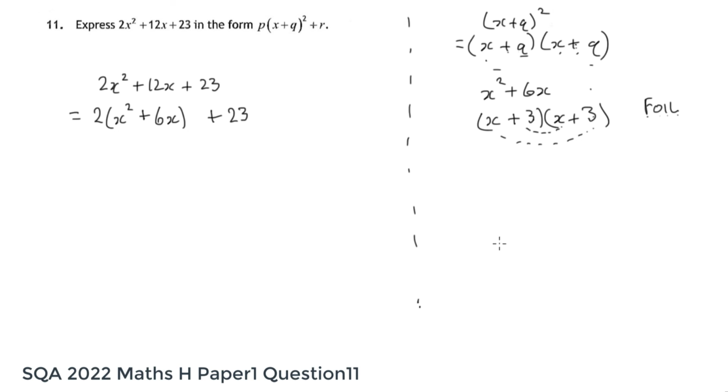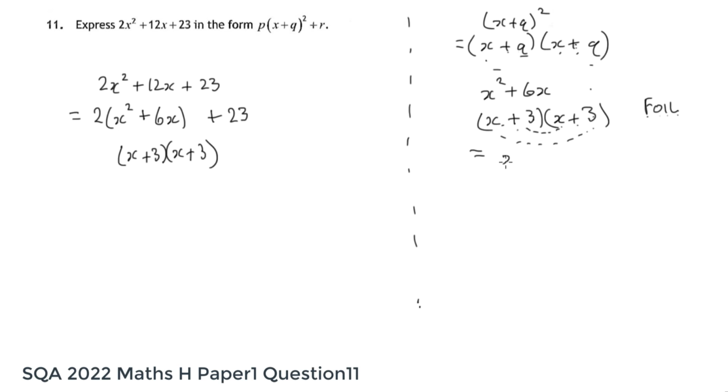3x and a 3x. So in the process of working this out, we're going to have to get an x plus 3 times an x plus 3. But there's a 2 to involve us with and a 23 at the end, so it's not straightforward. Let's multiply out x plus 3 times x plus 3 and see what we get.